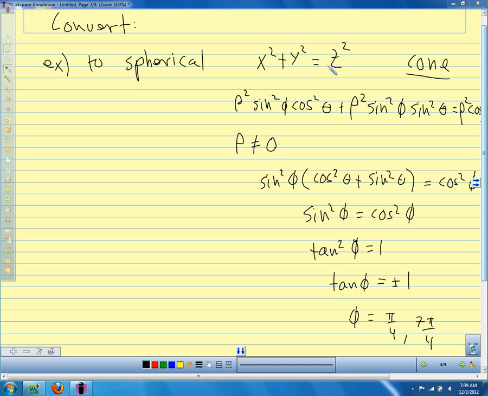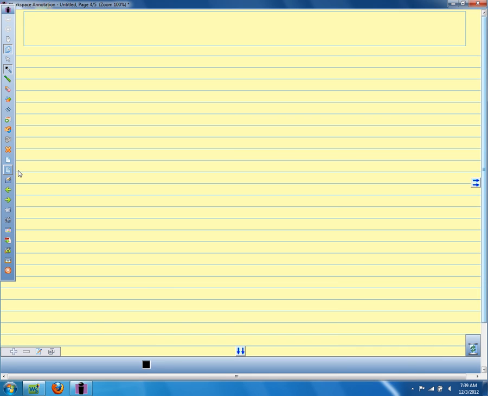So part of what we're doing now is getting our feet wet in thinking about how the different coordinate systems work, because in the second part of the second semester we'll be using the coordinate systems quite a bit, and we will want to be able to recognize, oh, phi equals pi over 4, we're talking about a cone. And if we're talking about a cone, then theta can vary between 0 and 2 pi, and rho can be anything. All right, let's look at another one.